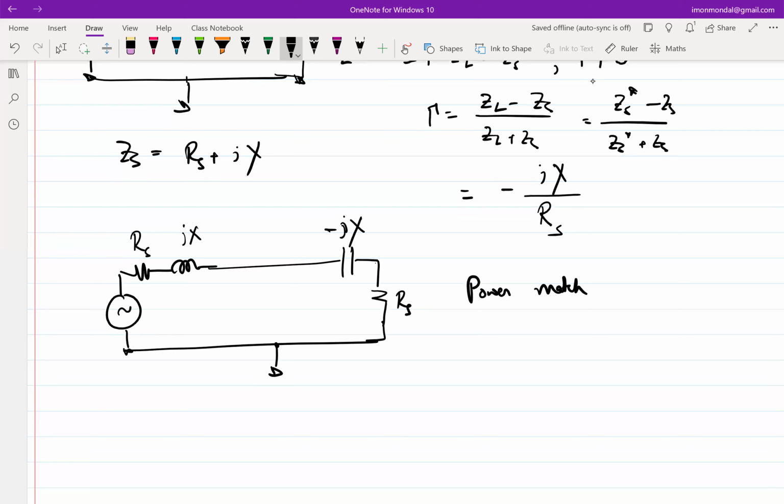So when you are trying to derive maximum power out of a source which has an imaginary impedance, a phase shifted impedance, then you will have to either live with a reflection, or if you say that I don't want reflection, then you will not be able to transfer maximum power.